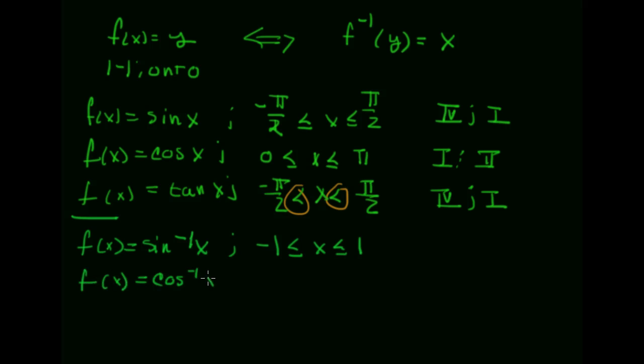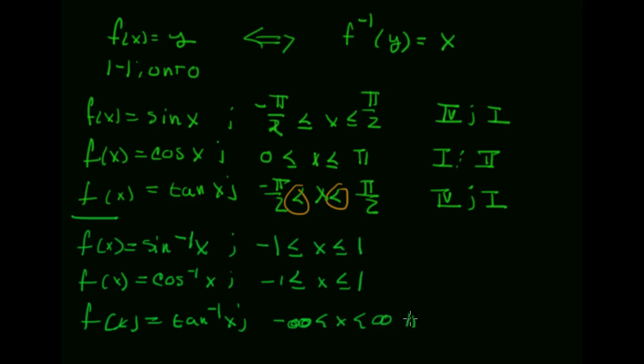Similarly, I get a cosine inverse of x, which is also restricted from negative 1 to 1. And I get a tangent inverse. Again, the tangent's a little weird here because this actually exists from negative infinity to infinity, or in other words, for all real numbers, because the tangent does not have an upper or lower bound.